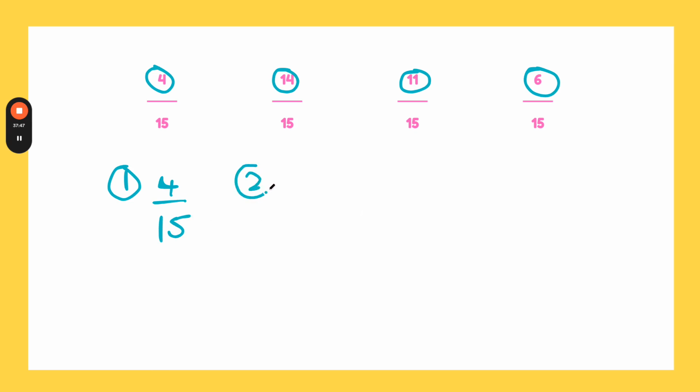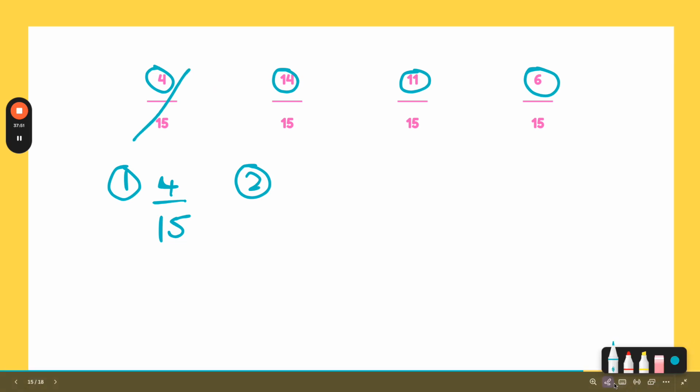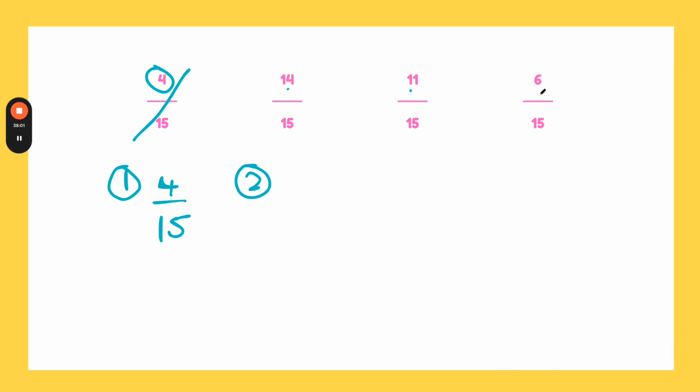Okay, we've used this fraction, so we're now left with 3. So out of 14, 11 and 6, which is the next smallest? 6 over 15, because it goes 4, then 6, so it will be 6 over 15.